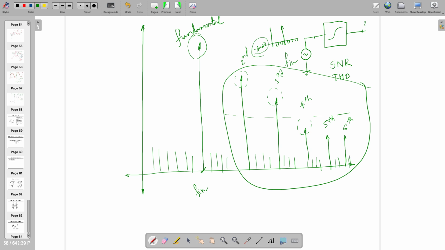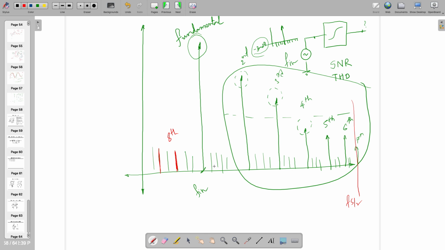But when we are doing this, look, it's not only the plot till the sixth harmonic. Let's say this is the seventh harmonic. Then where will the eighth harmonic be? If this is Fs by 2, the eighth harmonic is here. After, let's say, four or five cycles, the eighth is here.